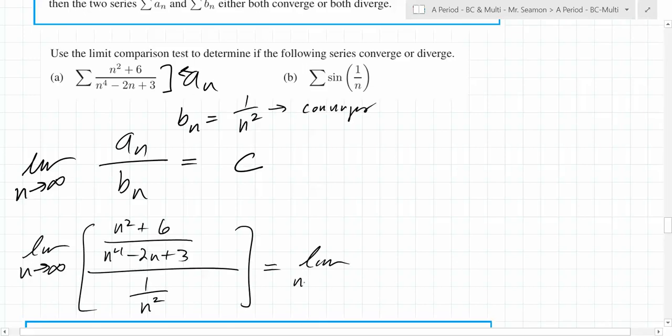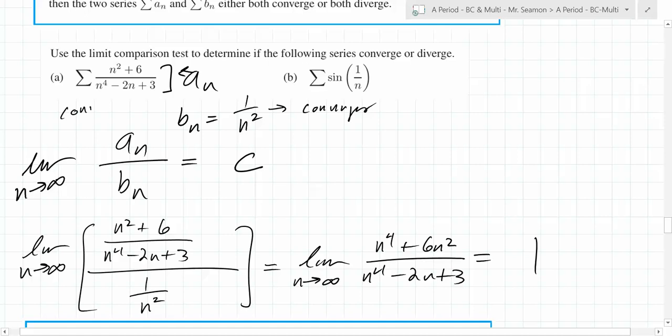So it's going to be the limit as n goes to infinity of n to the fourth plus 6n squared all over n to the fourth minus 2n plus 3. And what do we know that equals by our powerful knowledge of limits? 1. Therefore, what do we know about this? It converges. Good job.